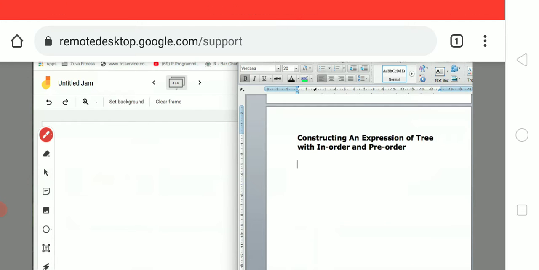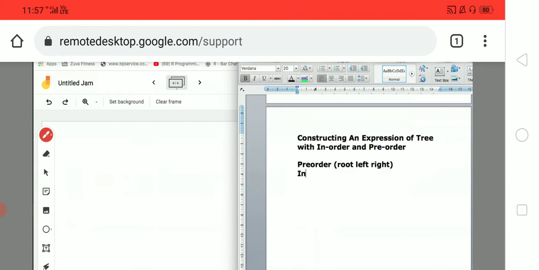What is inorder? Okay, first preorder. Preorder means first it visits the root, after that the left side node, after that the right side node.